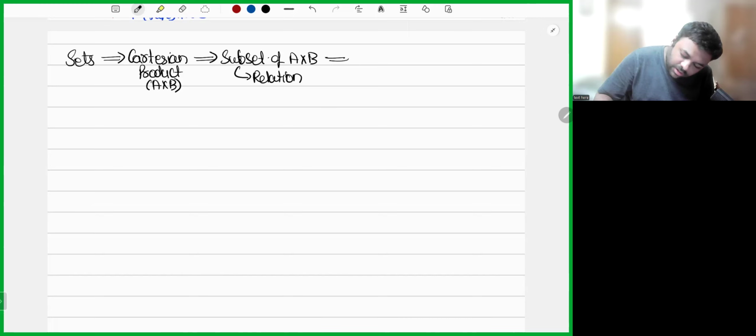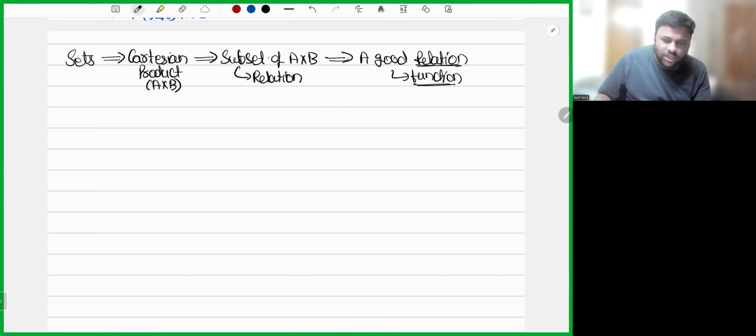A good relation is called a function, or a good relationship transforms to a function. Now, how is a relationship transformed to a function?